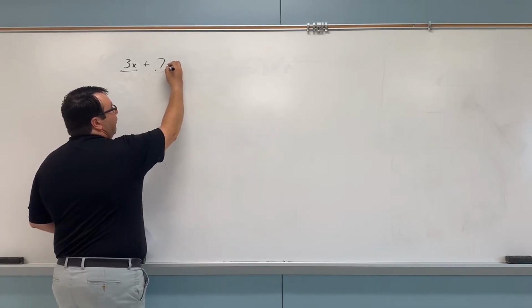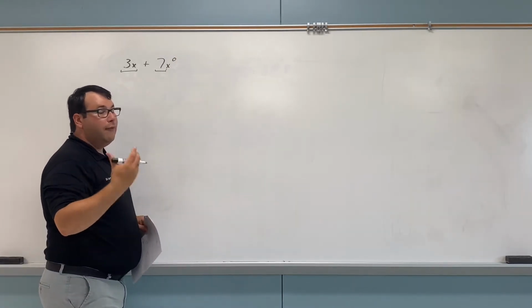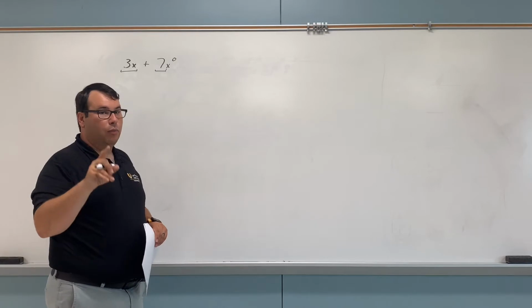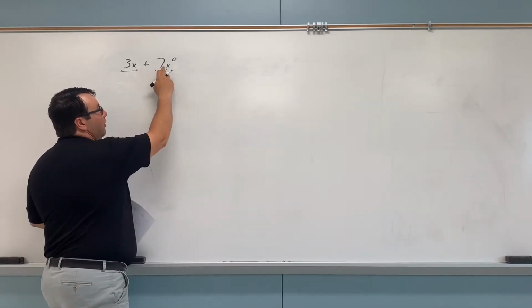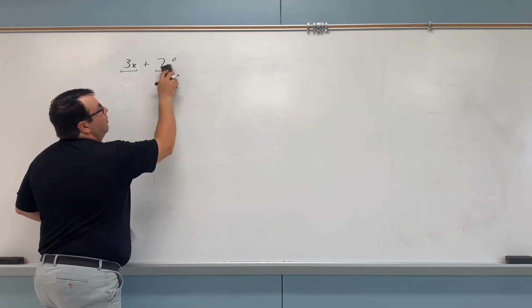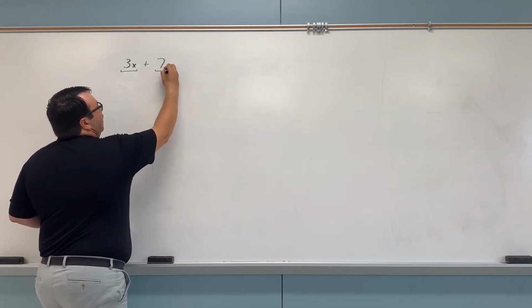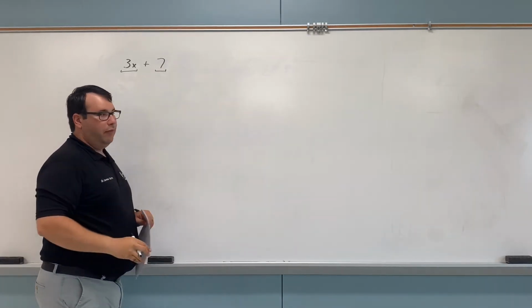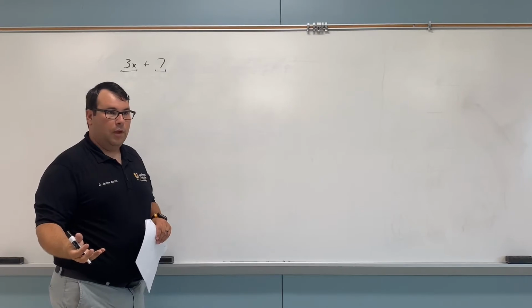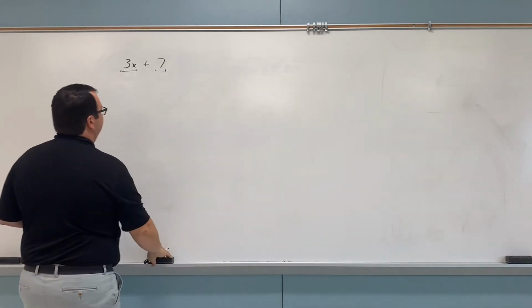Technically, it does have a variable if I were to think of it as x to the 0 power. If you recall from our exponents lecture, anything raised to the 0 power is 1. So this is really like 7 times 1. And so you could imply that there is a variable there. However, if you just see a number by itself like so, that is what we call a constant value. So you have a term and a constant if you were to think of it that way.